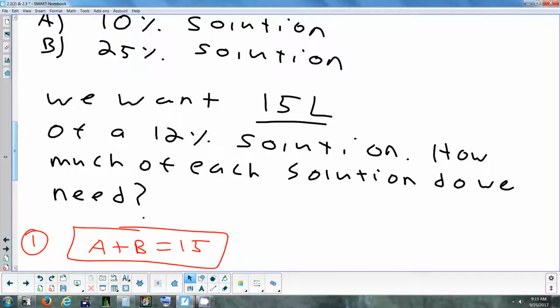You could also do a mixture of 3 things. That gets a little more complicated because now you have a third variable. And you need a third fact. Like you'd have to say something like the ratio of the first chemical to the second chemical to the third chemical is in a ratio of 2 to 3 to 5.